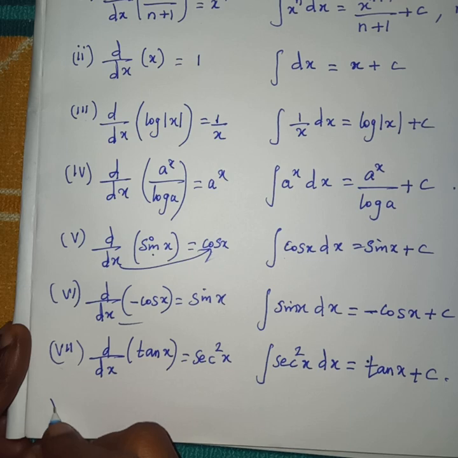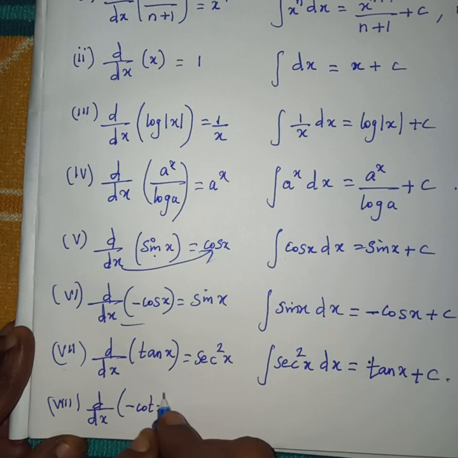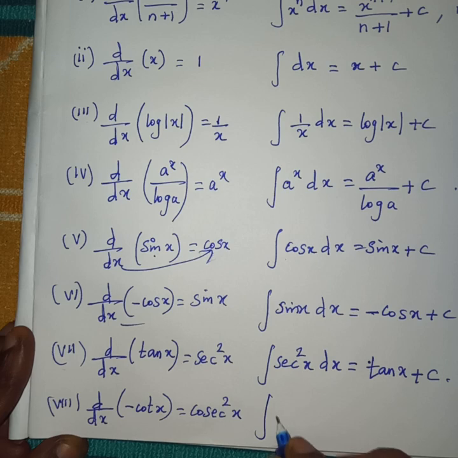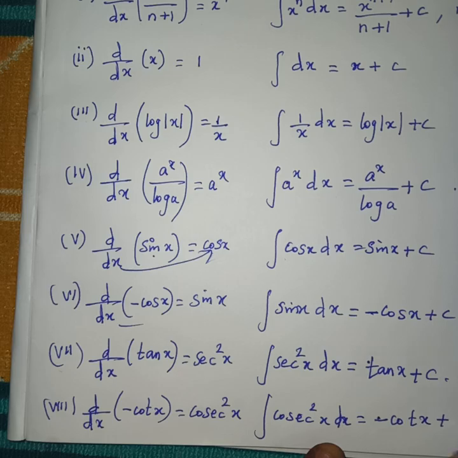The eighth formula is d by dx of minus cot x, which is cosecant squared x, so the integral of cosecant squared x dx equals minus cot x plus c. Up to 8 we have written.